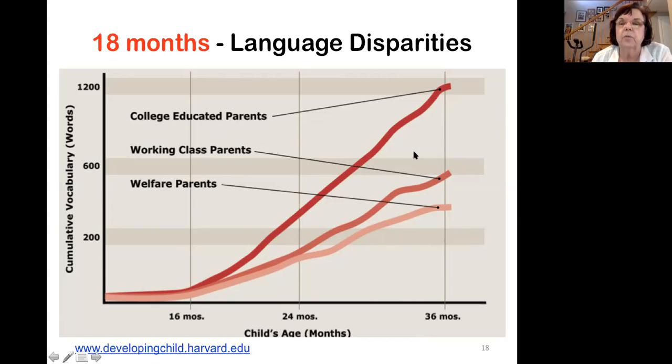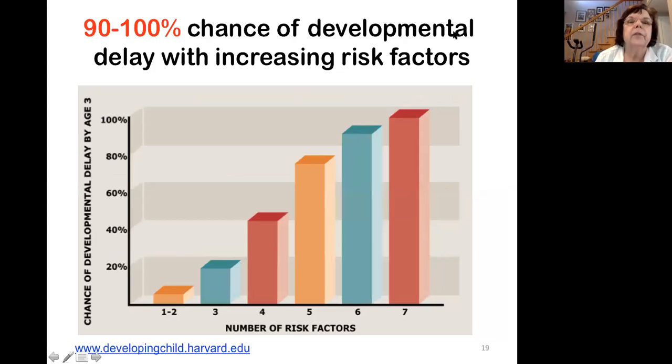So this is much of why Early Head Start went into play as well. Remember, Head Start started at 3 to 5 years before kids went to kindergarten, and then they discovered that that was too late. So this is why language disparities are really important for us to intervene with.